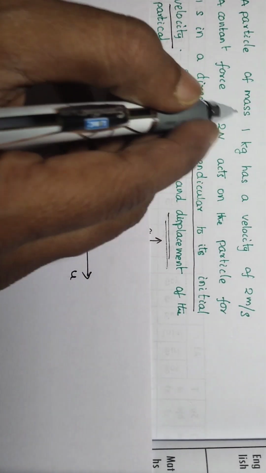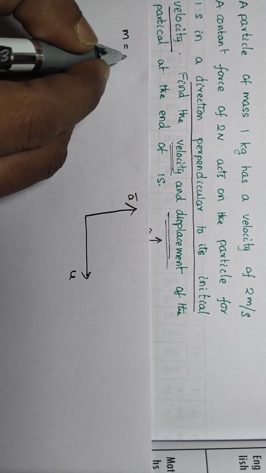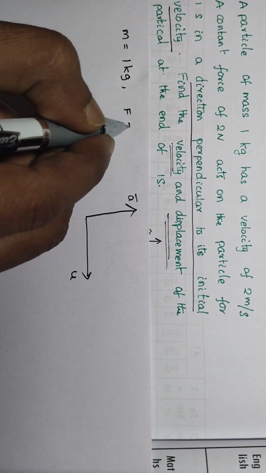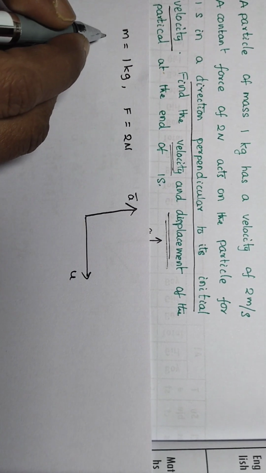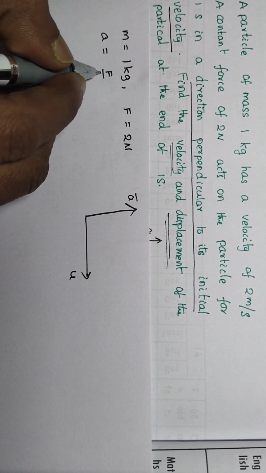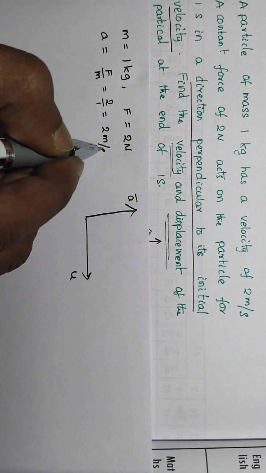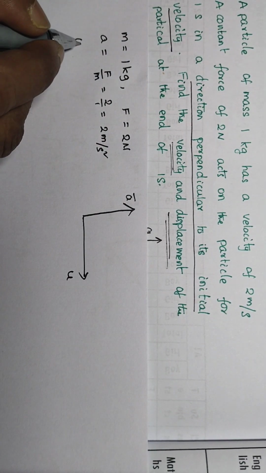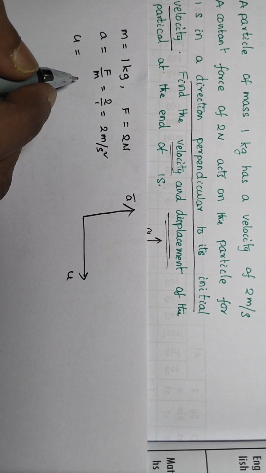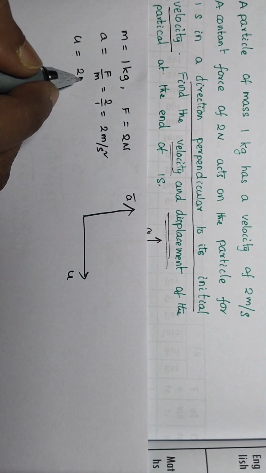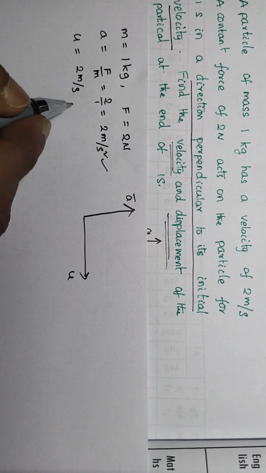Let's say first of all the mass m is equal to 1 kg and the force F is equal to 2 newtons. Then the acceleration a is equal to F by m, that means 2 by 1, that is equal to 2 meters per second square. This is the acceleration. Initial velocity u is equal to 2 meters per second.